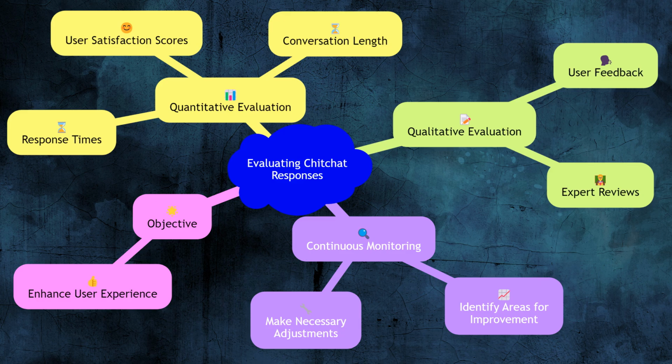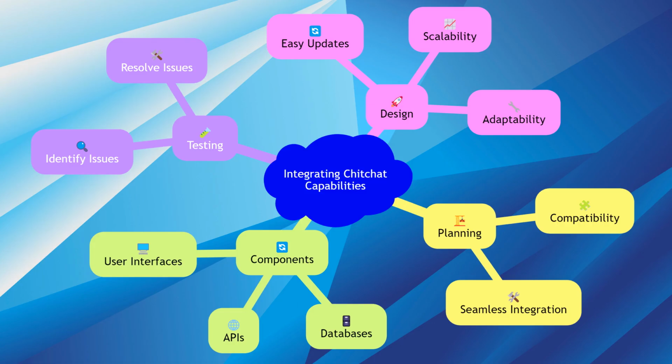Quantitative evaluation involves metrics such as user satisfaction scores, conversation length, and response times. By continuously monitoring and evaluating the chit-chat interactions, we can identify areas for improvement and make necessary adjustments to enhance the overall user experience.